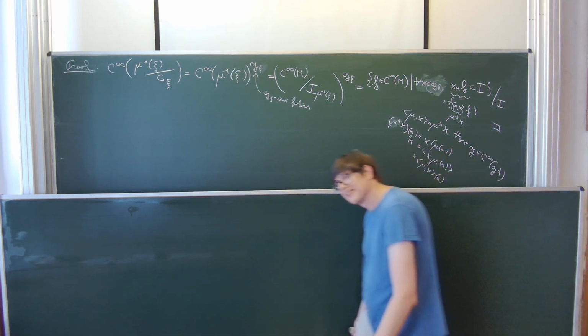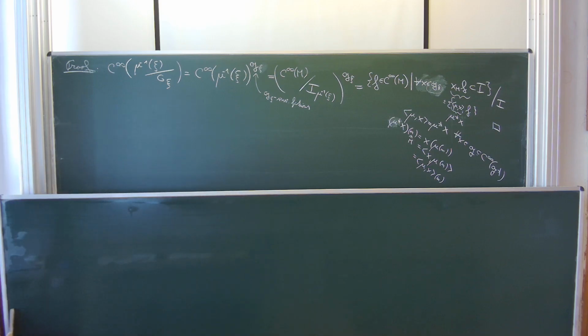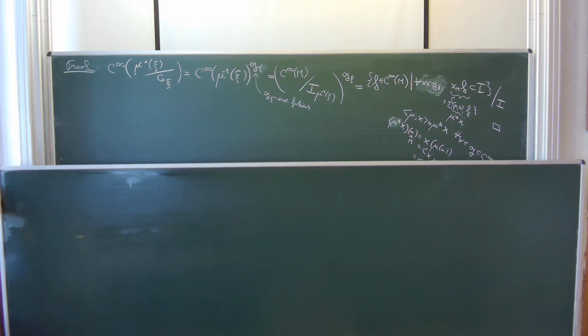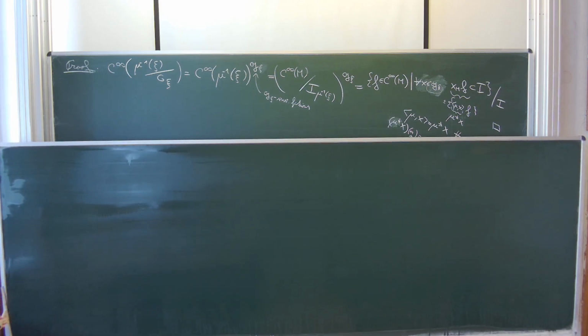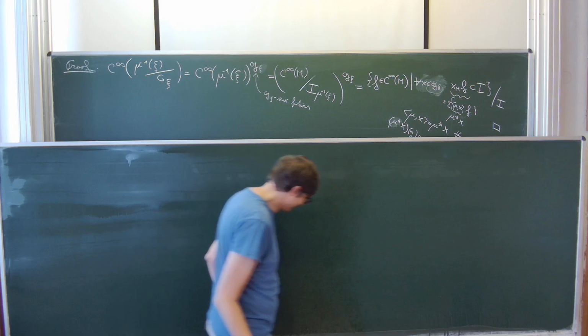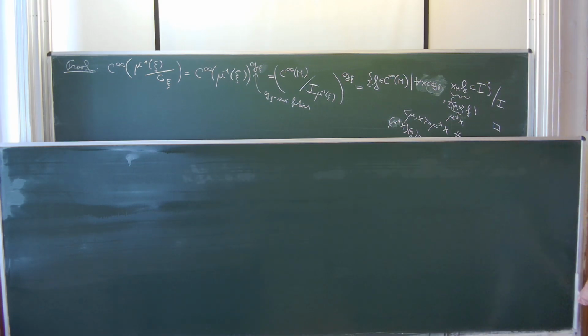On the other hand, the preimage of the whole coadjoint orbit is quite symplectic.